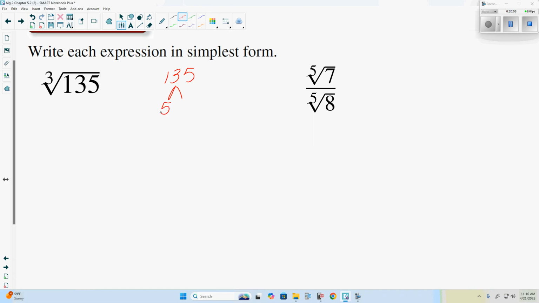Well, since it does end in a 5, we know it has to be divisible by 5. So if we divide 135 by 5, we get 5 times 27. 5 is prime, 27 isn't. 27 is not divisible by 2, but it is divisible by 3. 27 would be 3 times 9, and 9 is 3 times 3.